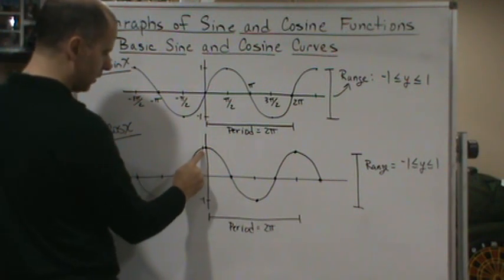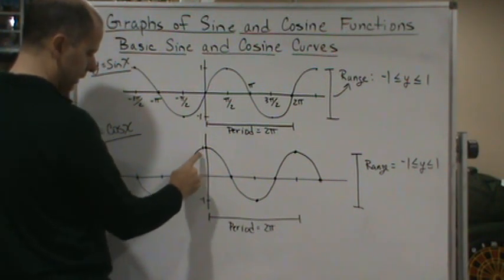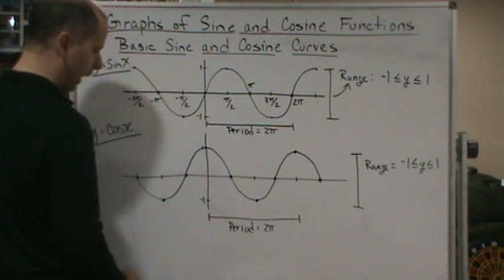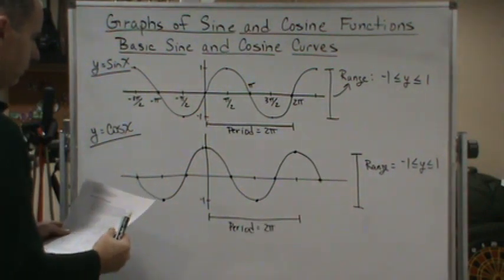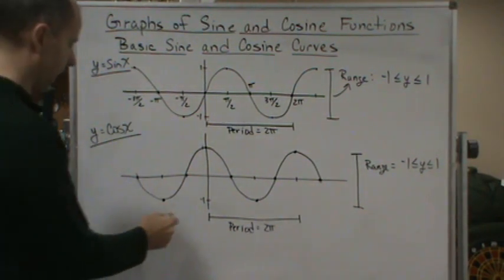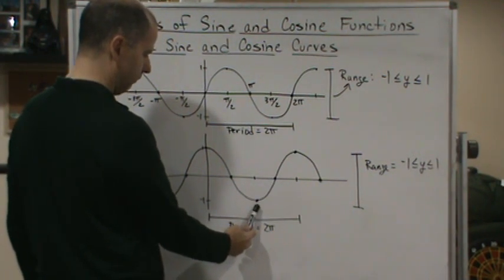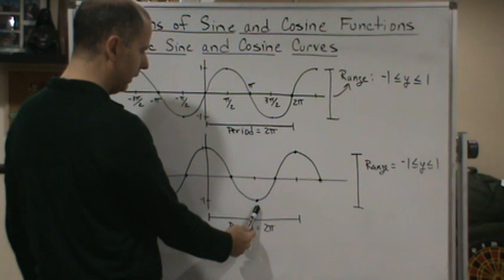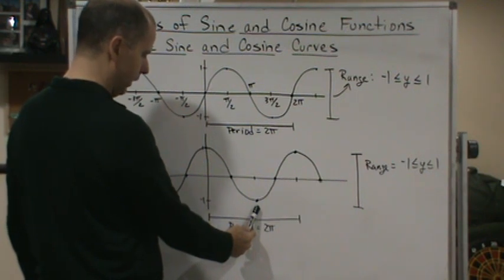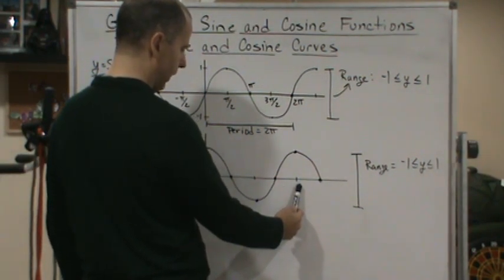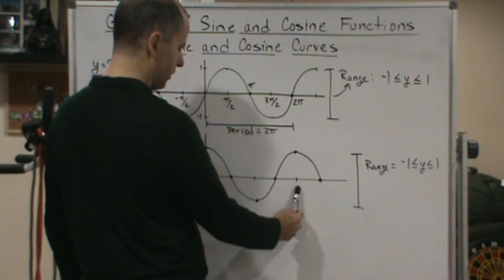So the cosine function starts at 0 comma 1, and then it goes down to pi over 2 comma 0, and then down to pi comma negative 1, and then it goes to 3 pi over 2 comma 0, and then it goes right back to where it started, which happens at 2 pi.